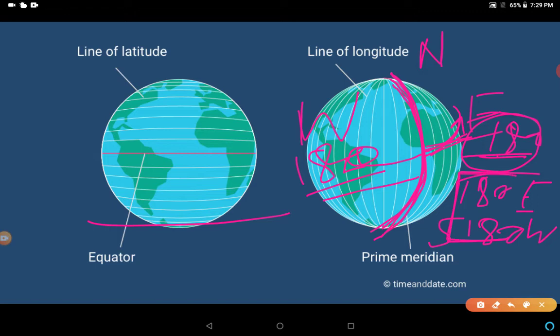Getting my point? Both are the same line, and the 180 degree longitude is called the international date line. Clear? It is situated exactly opposite of the 0 degree prime meridian.